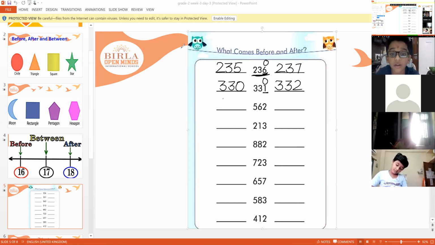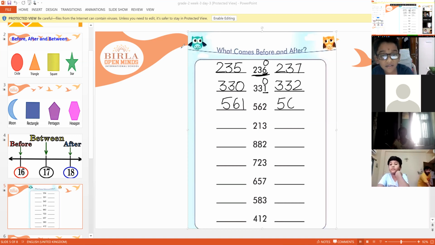Very good. 561 comes before 562. And what comes after 562, Aditya Ram? 563. Very good, Aditya Ram.